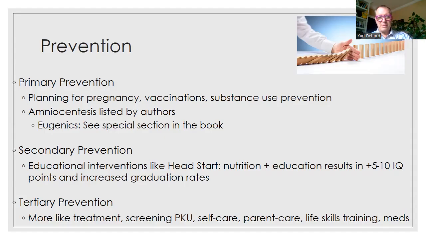Tertiary, what they call third level prevention, is more like treatment to me. That's screening for PKU, which we just talked about, having the children be able to learn self-care, but also parents who have kids with intellectual disabilities being part of groups where they get support from others.